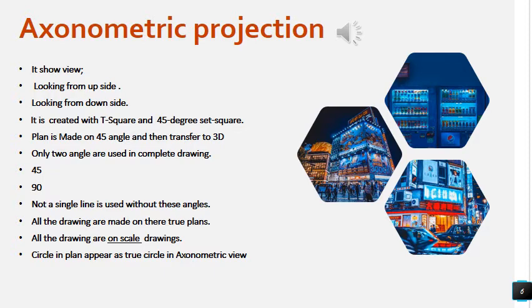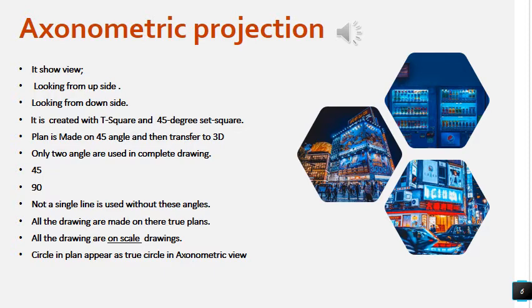First we have to make a plan at 45 degrees, whereas we usually make all 2D plans with a bird's eye view, vertical and horizontal at 90 degrees. In axonometric, that plan has to be created at an angle of 45. The vertical lines and the horizontal lines must both be at 45.